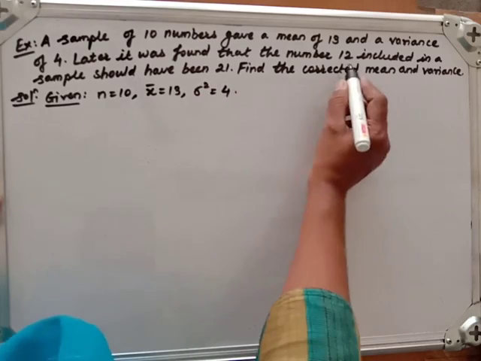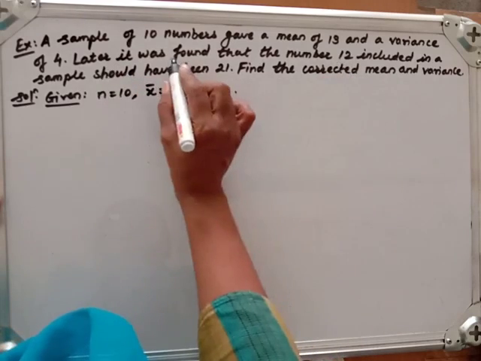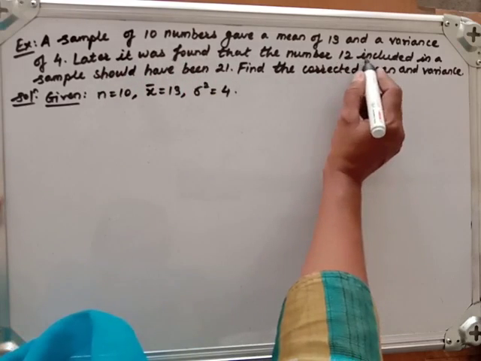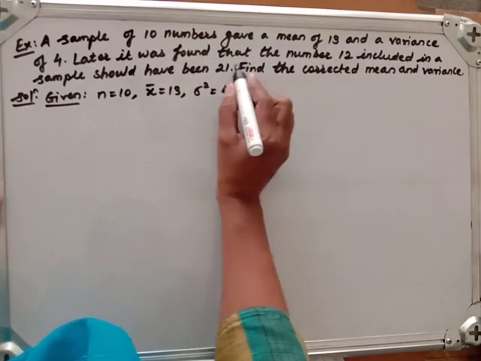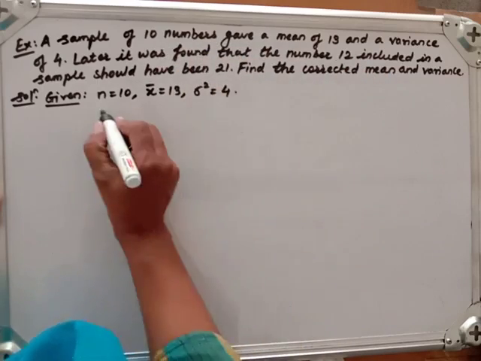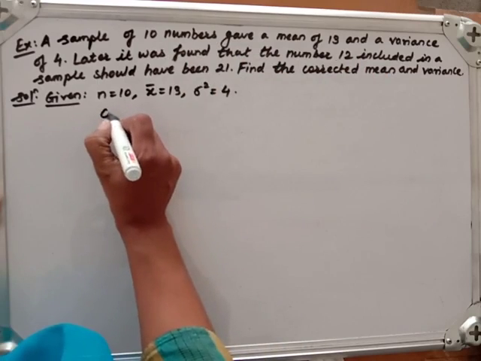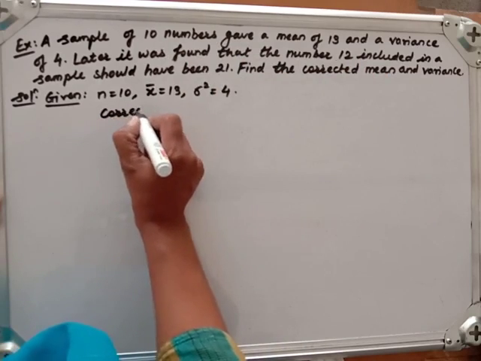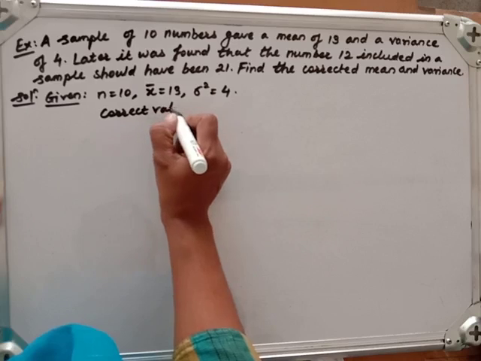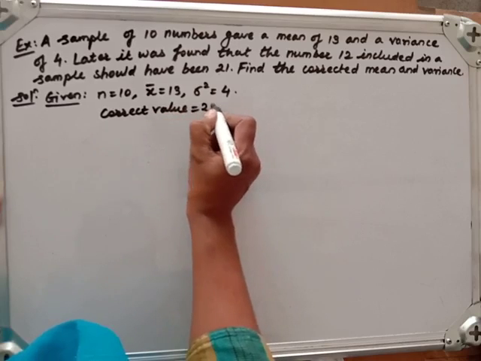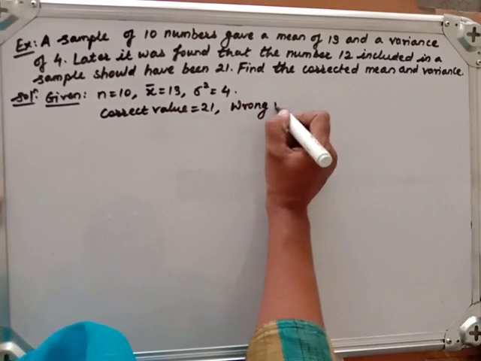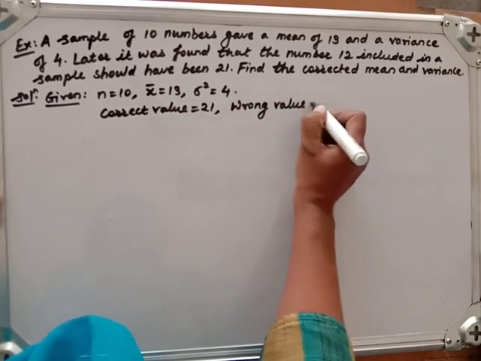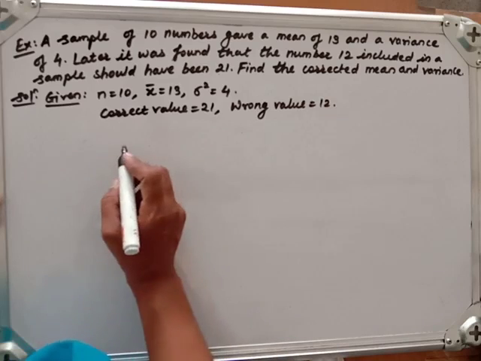Now it is said that later on it was found that the 12 taken in these 10 numbers is not 12, it will be 21. Means the correct value is 21, while the wrong value is 12.